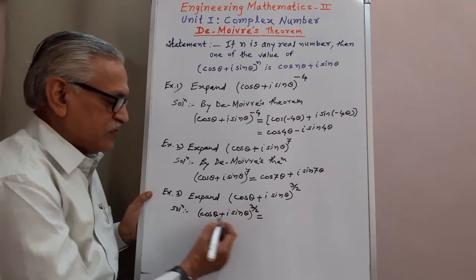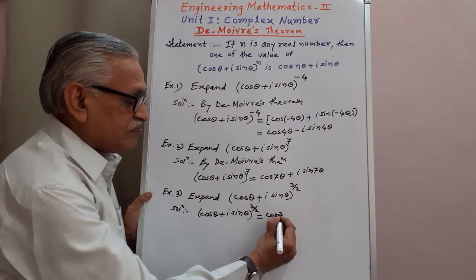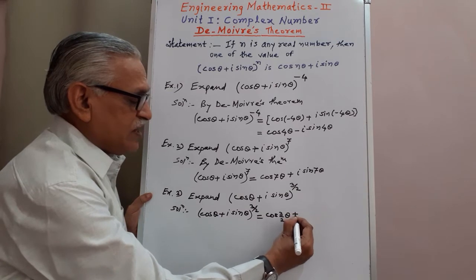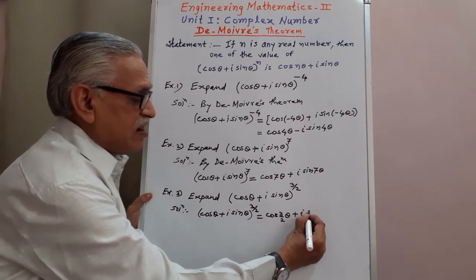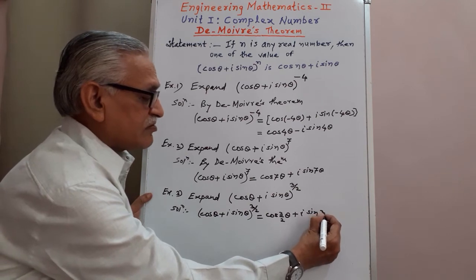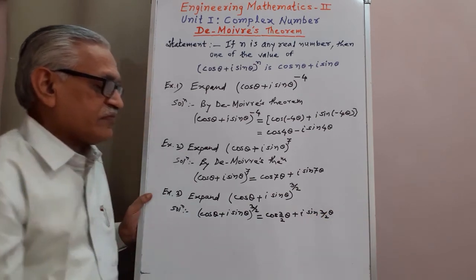Here n is 3 by 2, therefore it becomes cos of 3 by 2 times theta plus i sin of 3 by 2 times theta.